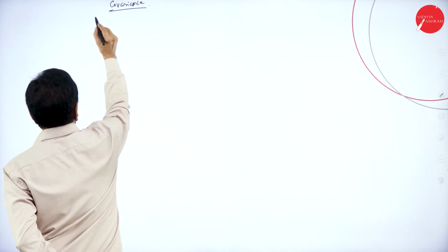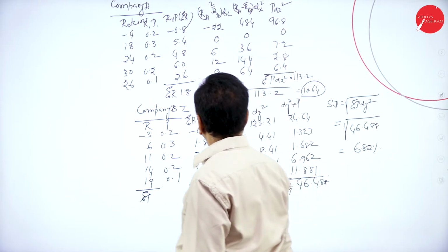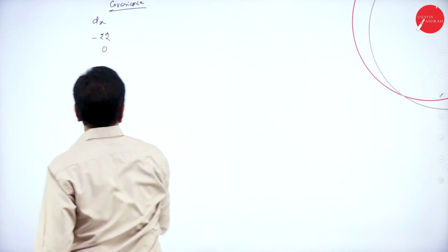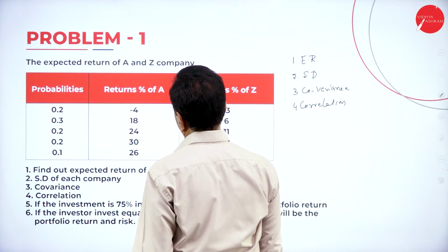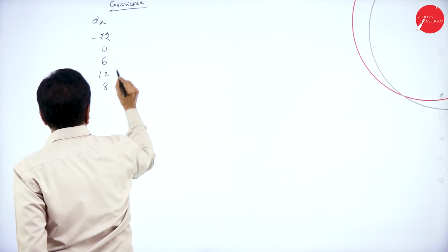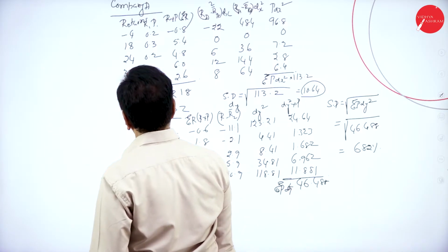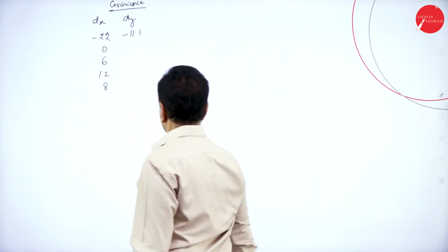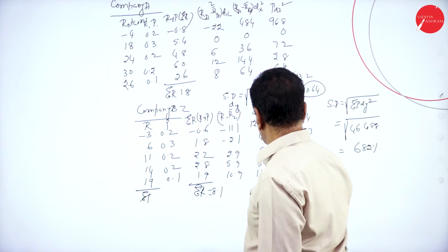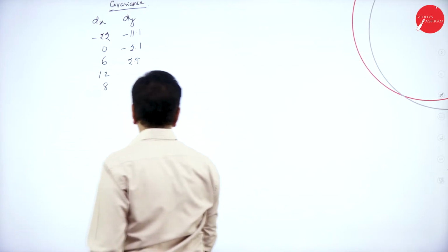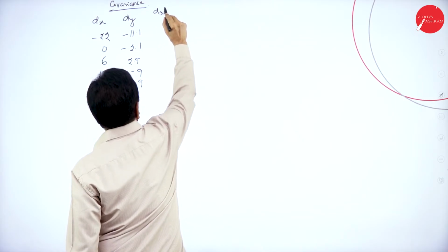First we write dx, the deviation of x: minus 22, 0, 6, 12, 8. dy, deviation of y: minus 11.1, then minus 2.1, next 2.9, next 5.9, 10.9.